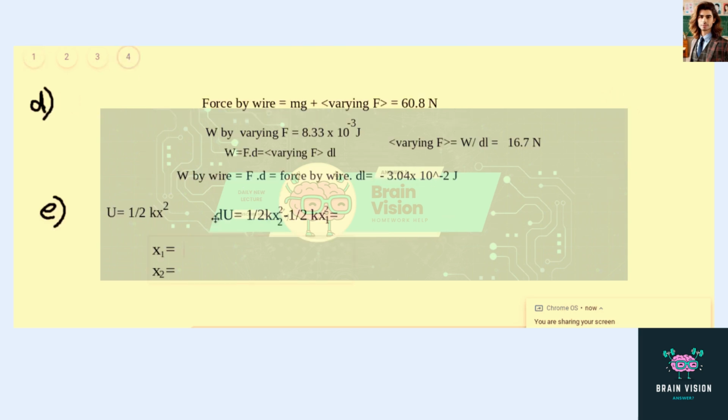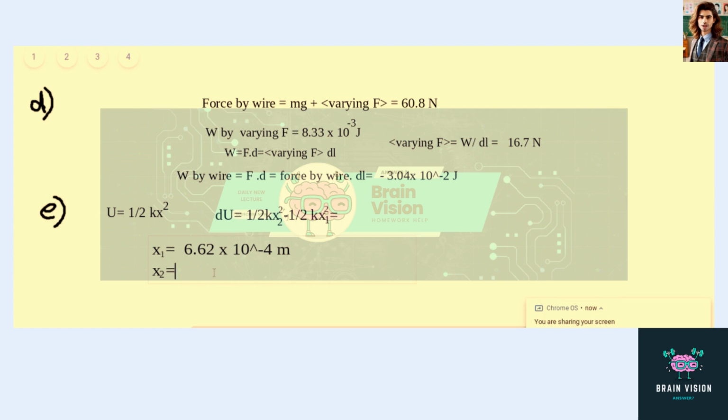So this value is 6.62 times 10 to the power minus 4 meter.